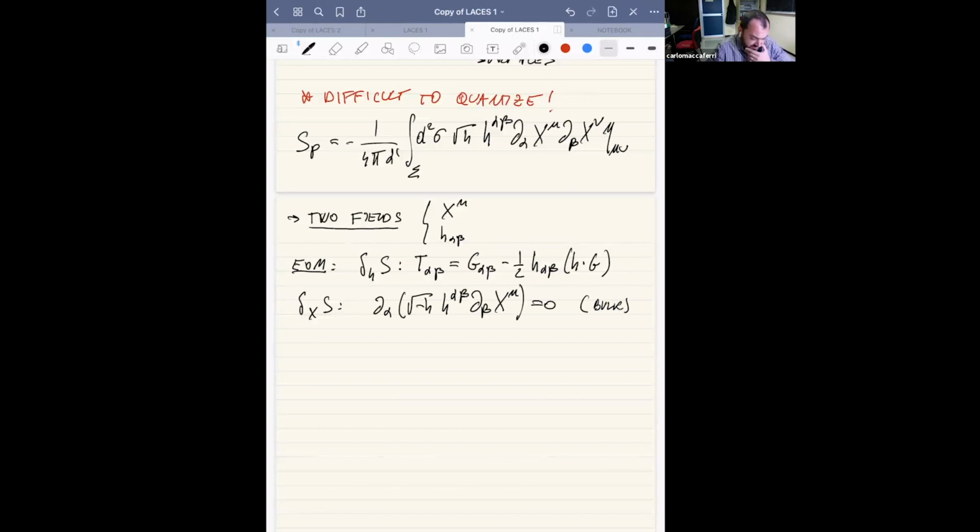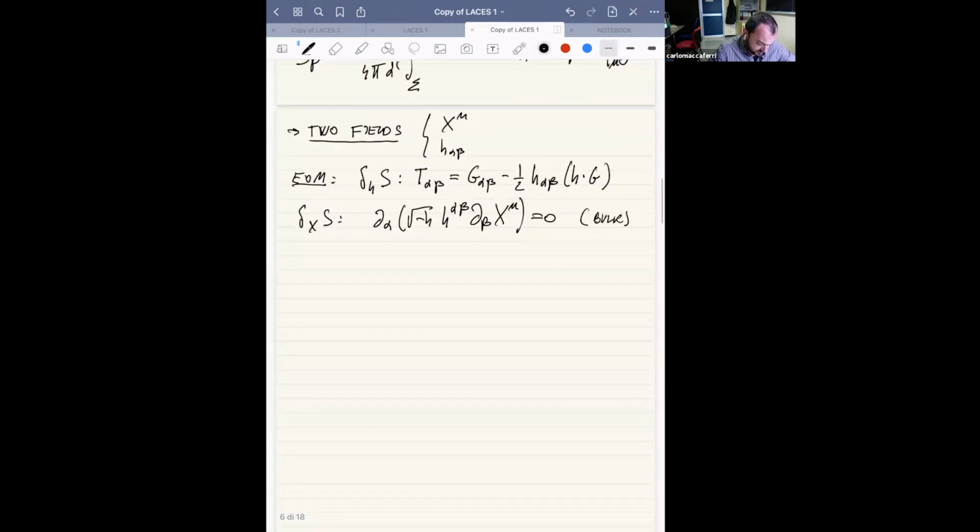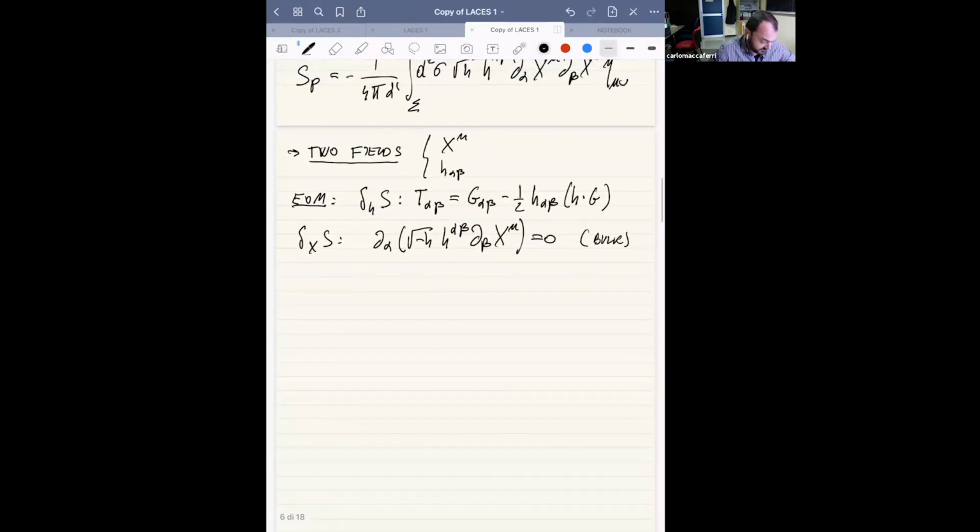But since I am allowing my worldsheet to have a boundary, I have to pay attention also to the variation, to build up a consistent variational principle, also taking into account boundary degrees of freedom. And if I do this, essentially I find a boundary component for the equation of motion, which looks like this: h^σβ ∂_β X^μ δX_μ evaluated at the boundary of the worldsheet.